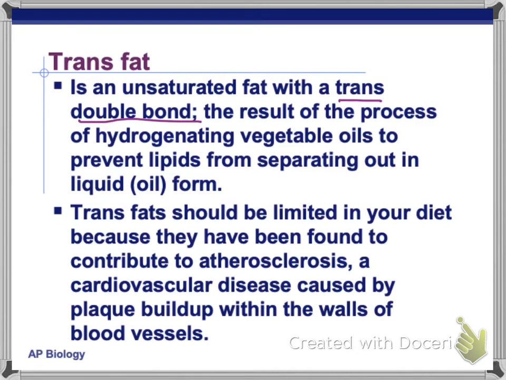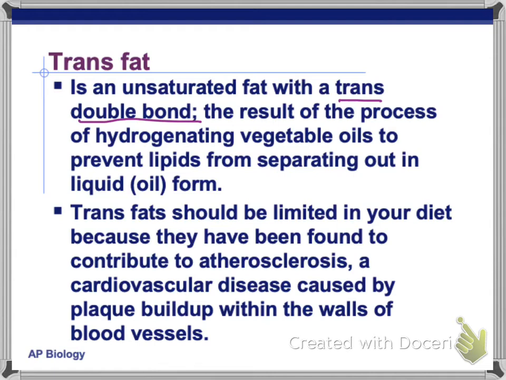Now, they did this because they wanted an alternative to animal fats and one that wasn't going to be as greasy. So think about oils. Oils make things greasy. Solid fats don't necessarily do that. And so they were trying to make a non-greasy alternative form of vegetable fats.